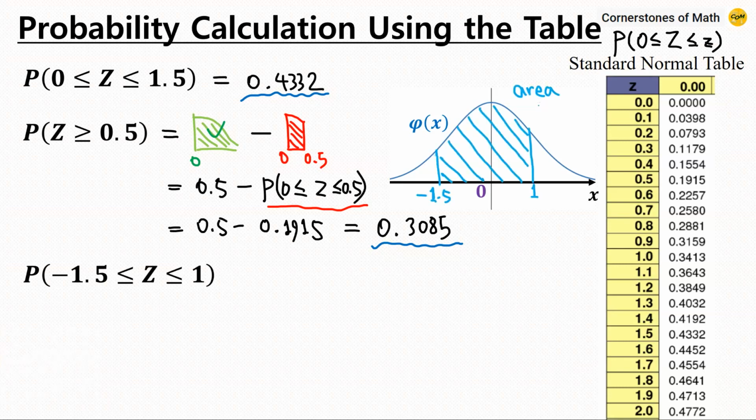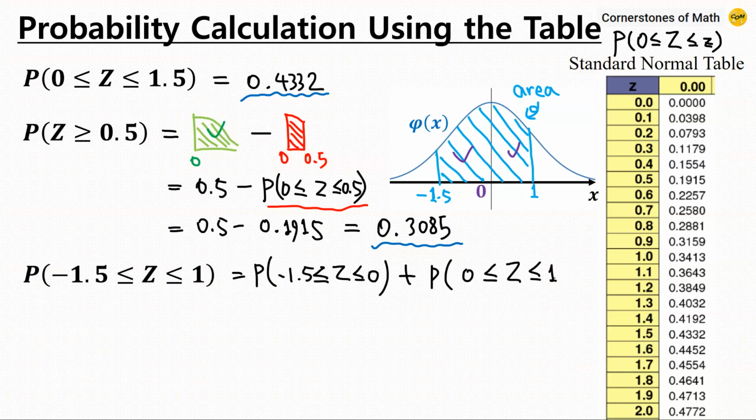Next, what is the probability of z having values between minus 1.5 and 1? Well, again, it is the area of this region, and we can divide it into two parts. The probability of z having values between minus 1.5 and 0, plus the probability of z having values from 0 to 1.